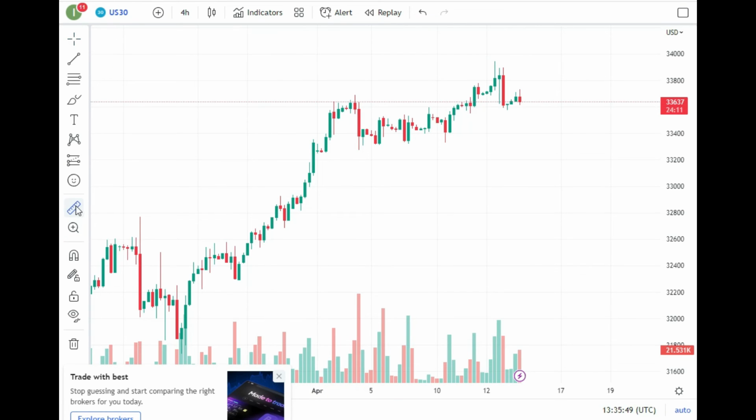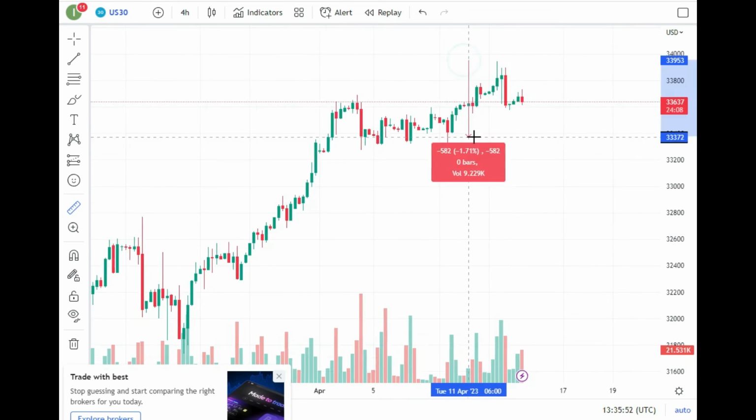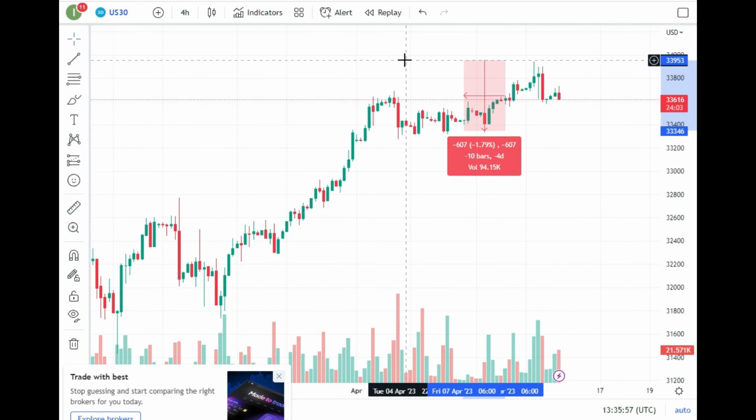And if I take the measure and just calculate like this, for example, you can see that we have 600, I repeat, 600 pips. So gold and indexes have a lot of pips, but the brokerage company protects us from losing money very fast.